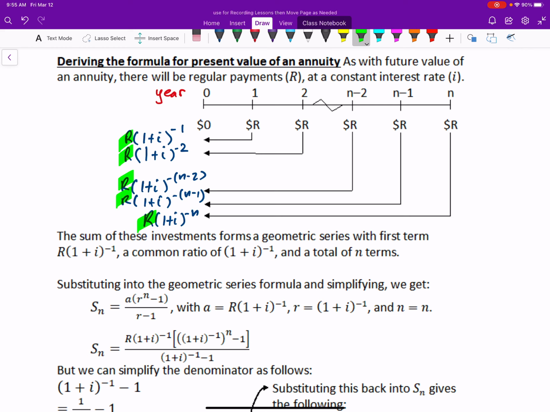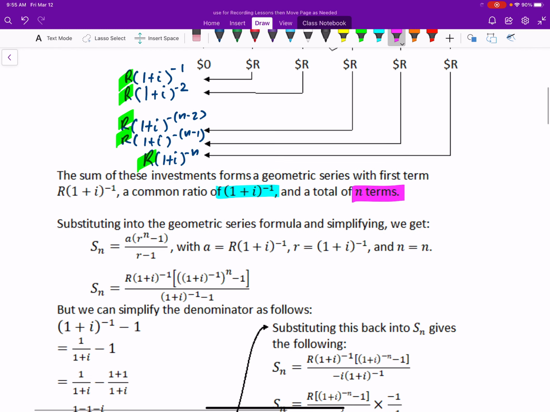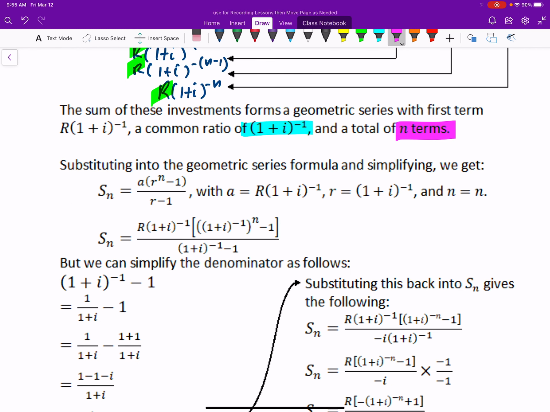Each time I go from one payment to the next, I can multiply by (1 plus i) to the negative 1 to get the next one. So that's my common ratio, and we have a total of n terms. If you go back and think about our geometric series formula, you might have to refresh your memory, this was our formula for the geometric series here.